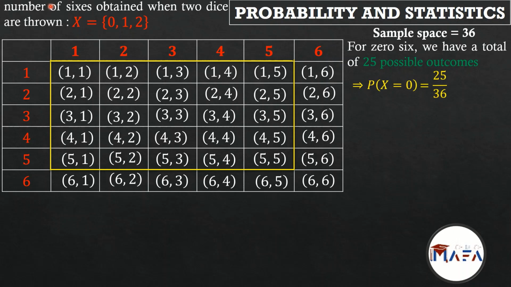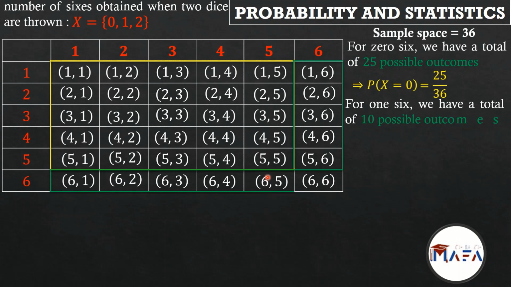Now the next is for us to get one 6. If we are getting one 6, it means that it is either the first dice has no 6 and the second dice has a 6, or vice versa. So we have this region which is demarcated in green. Counting them, in essence we have a total number of 10 possible outcomes.